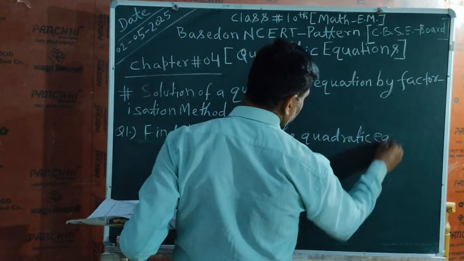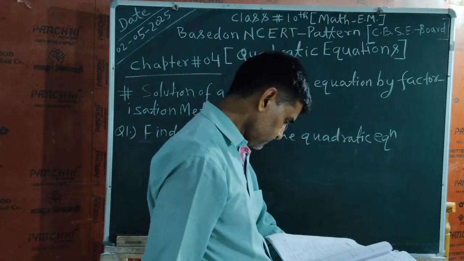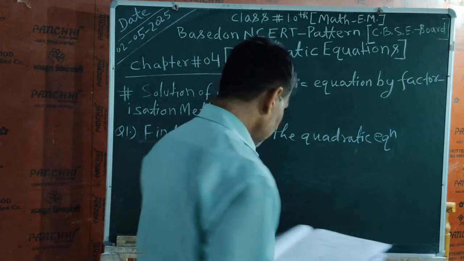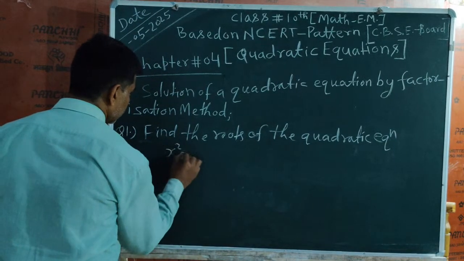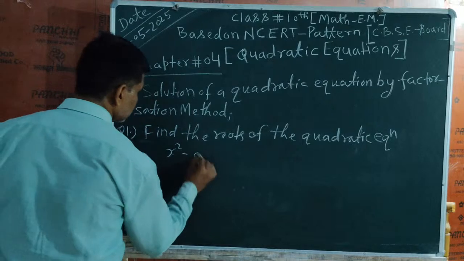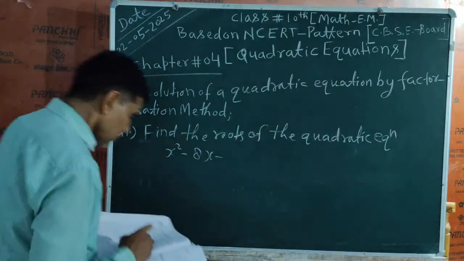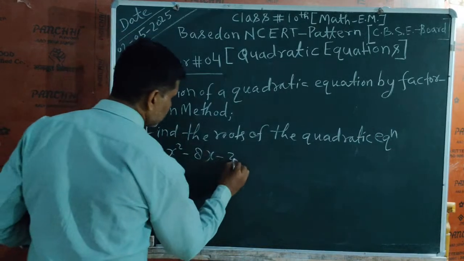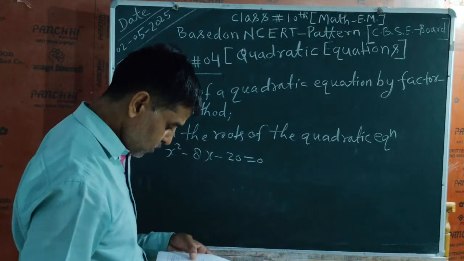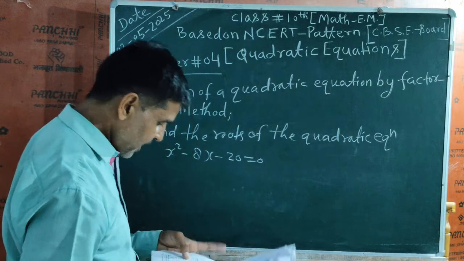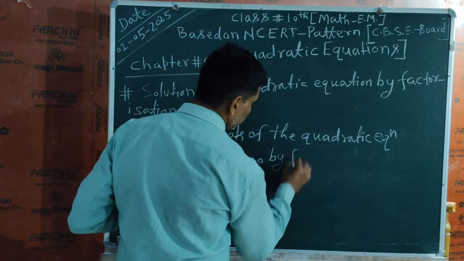Question number 1. Find the roots of the quadratic equation, that is written as x square minus 8x minus 20 is equal to 0, okay student, by the factorization method. Here it is written that you have to get its roots by factorization.